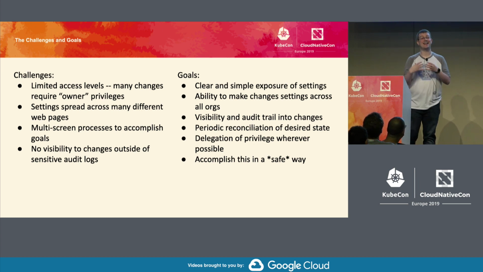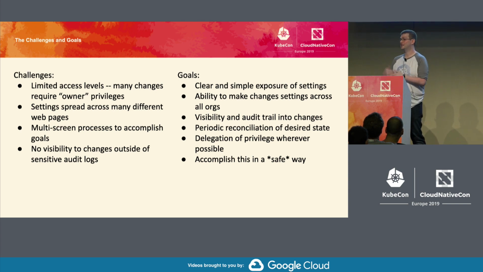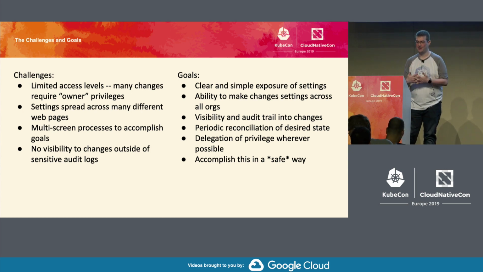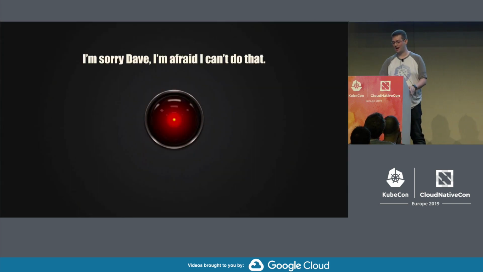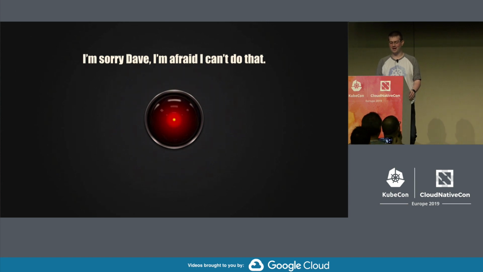We needed to be able to delegate privilege in order to expand the pool of people who are able to take on community management responsibilities. And lastly, we needed to accomplish this all in a safe way. We need to ensure the right people have the right privileges and ensure that whatever solution we create doesn't go rogue and potentially lock us out of all of our GitHub organizations.